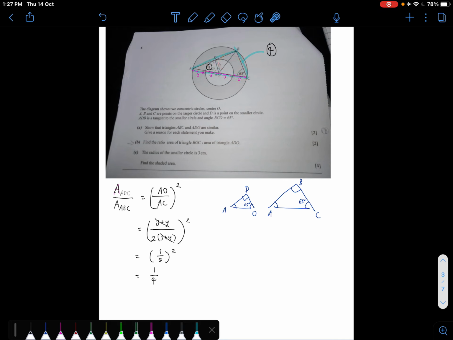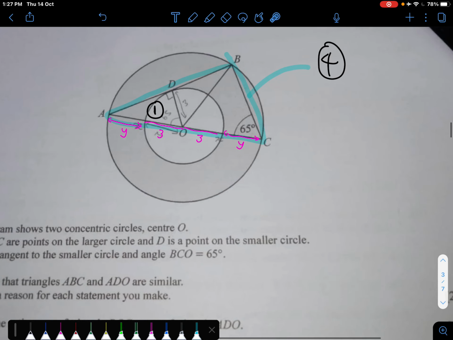Then what else do we know about this remaining part? I hope you can see that there's a line that cuts it. This remaining BDOC region is made up of this triangle and this triangle, right? What do you know about this triangle here? It's congruent to this one. So this must also be worth 1 unit. Triangle ODB must also be worth 1 unit.